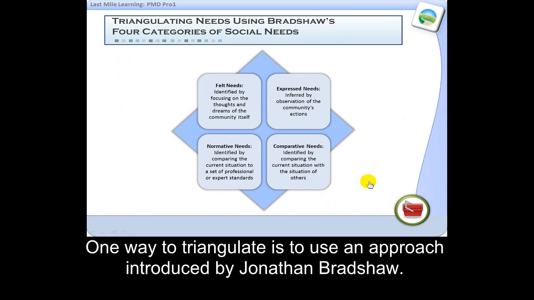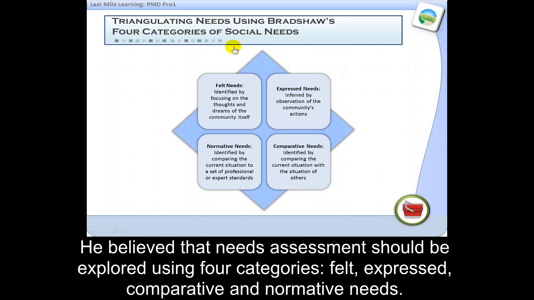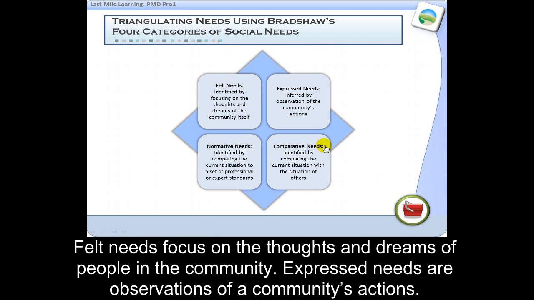One way to triangulate is to use an approach introduced by Jonathan Bradshaw. He believed that needs assessment should be explored using four categories: felt, expressed, comparative, and normative needs.